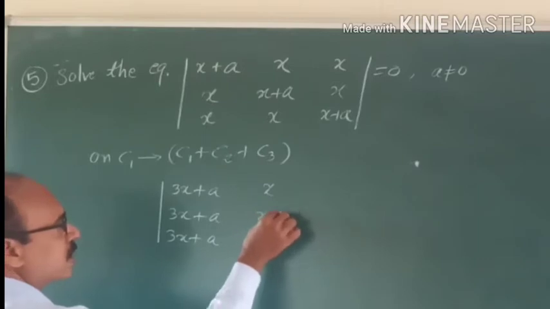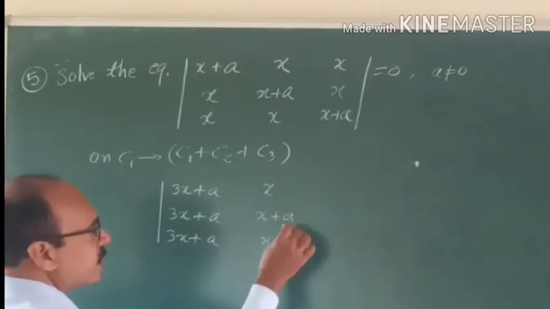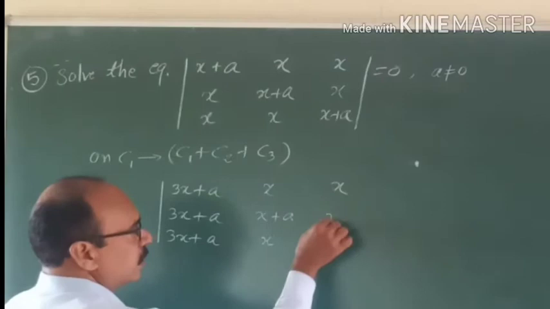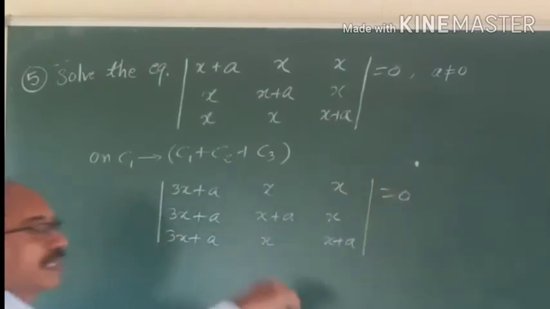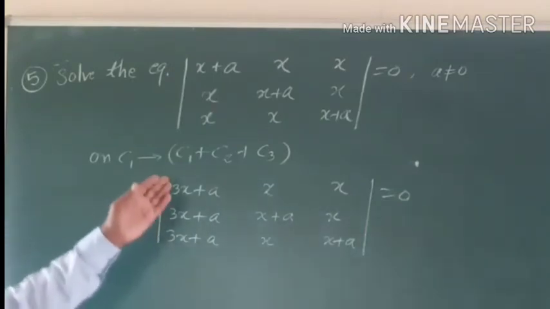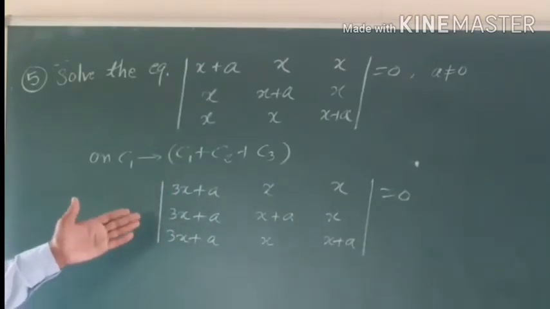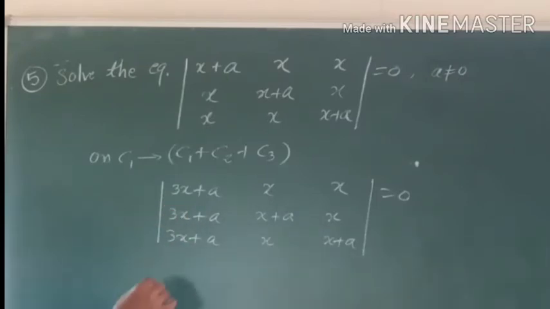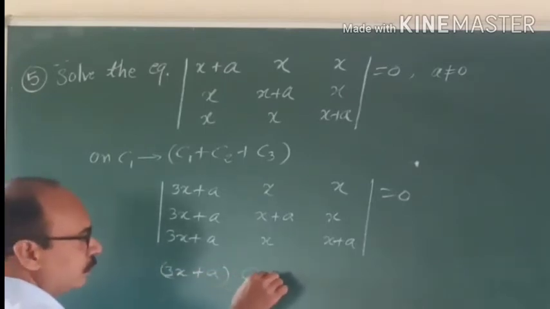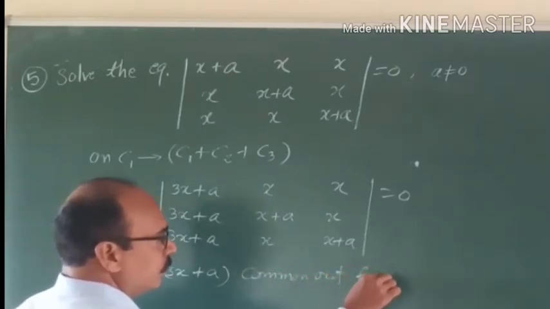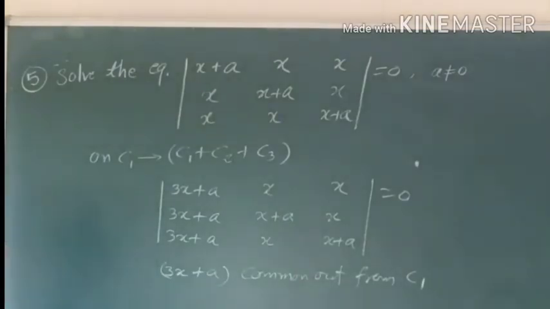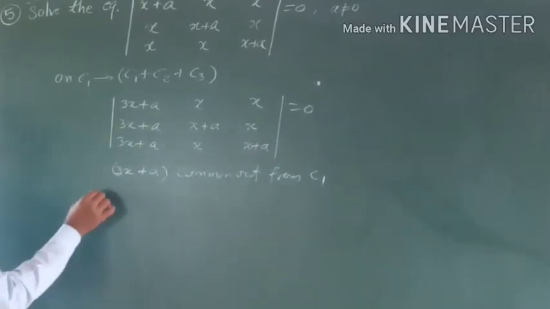Second column x, x plus a and x as it is, and third column also as it is, x, x and x plus a, which is equal to 0. This is the equation. It's clear that from C1, 3x plus a is common out. 3x plus a is common out from the first column C1.